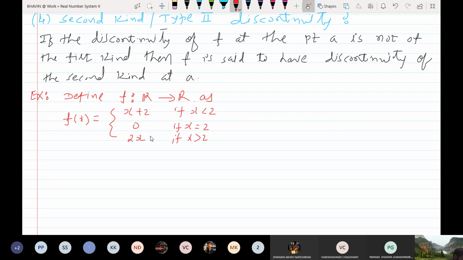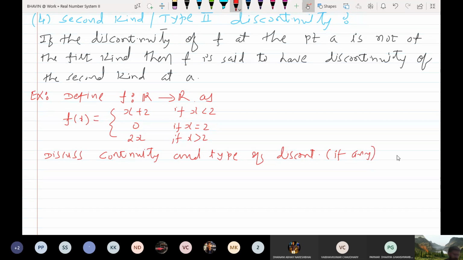Discuss continuity and type of discontinuity, if any, for f.